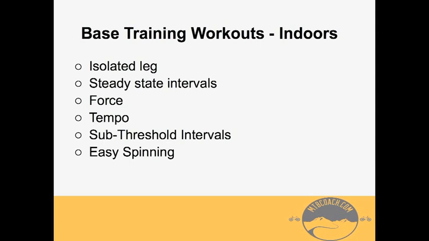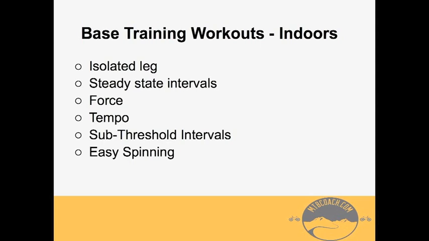Steady state intervals. I've heard of people talk about these using a higher intensity, but I'm thinking of these in an aerobic pace. So not at race pace or anything near that.